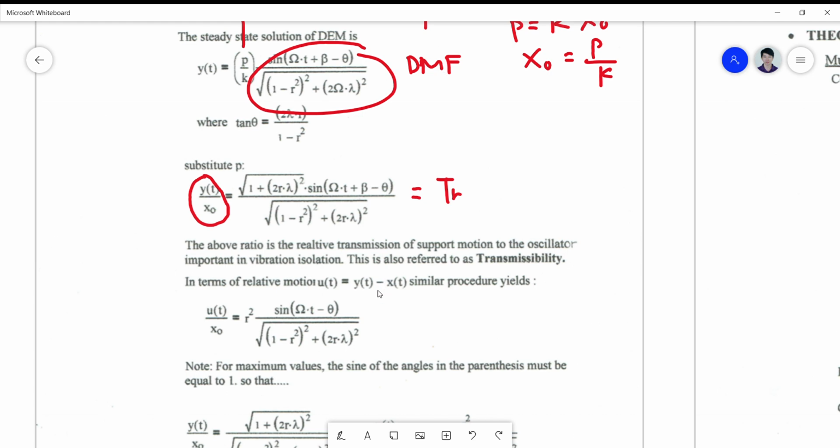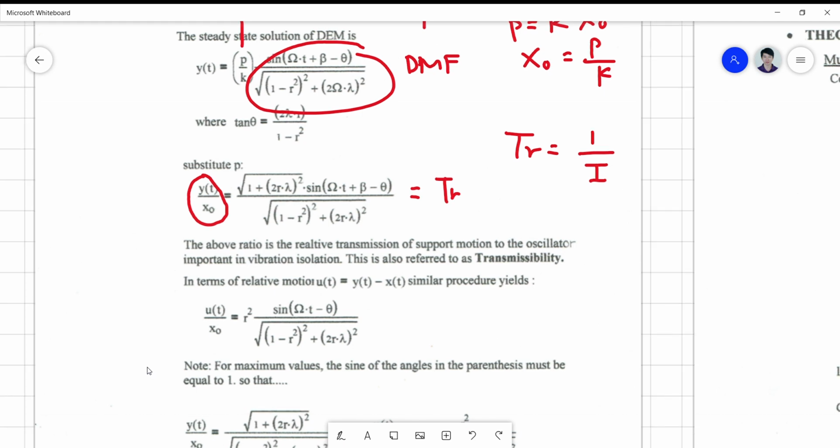In terms of degree of isolation, it's the reverse. The transmissibility is the reciprocal of the degree of isolation. If I term this as letter I, then TR is the reciprocal of isolation. If the transmissibility is high, the isolation is low. If the transmissibility is low, isolation is high.